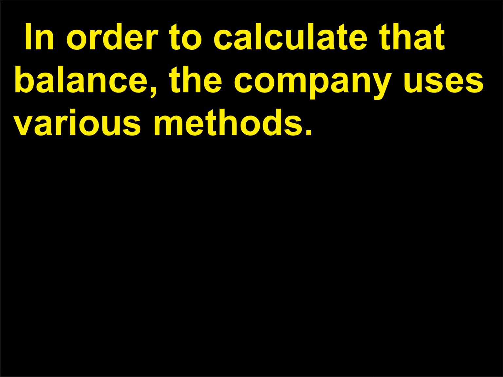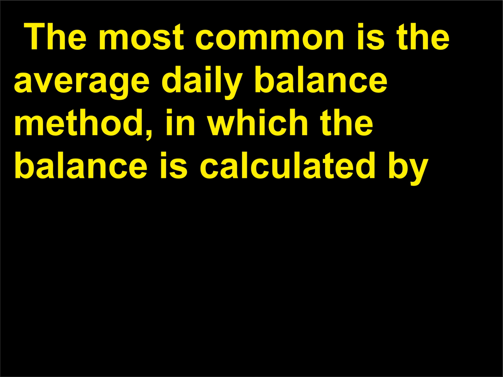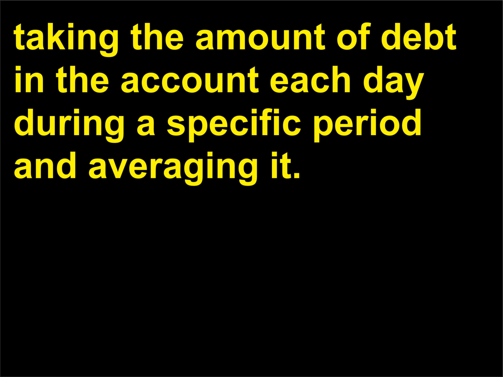In order to calculate that balance, the company uses various methods. The most common is the average daily balance method, in which the balance is calculated by taking the amount of debt in the account each day during a specific period and averaging it.